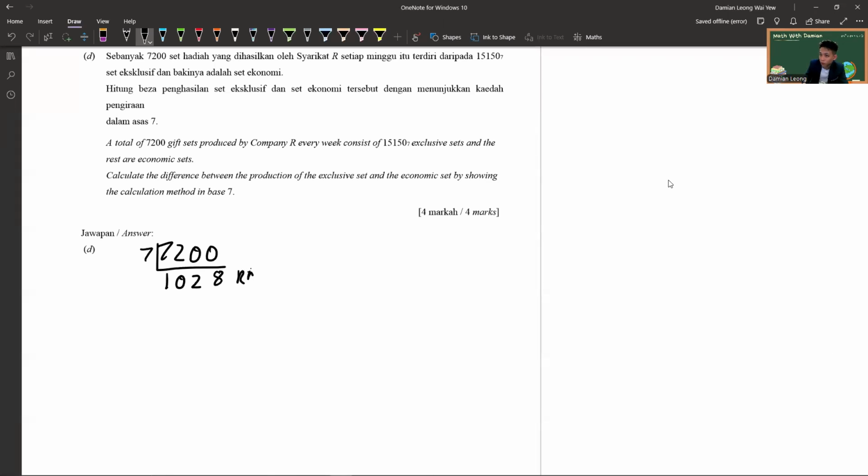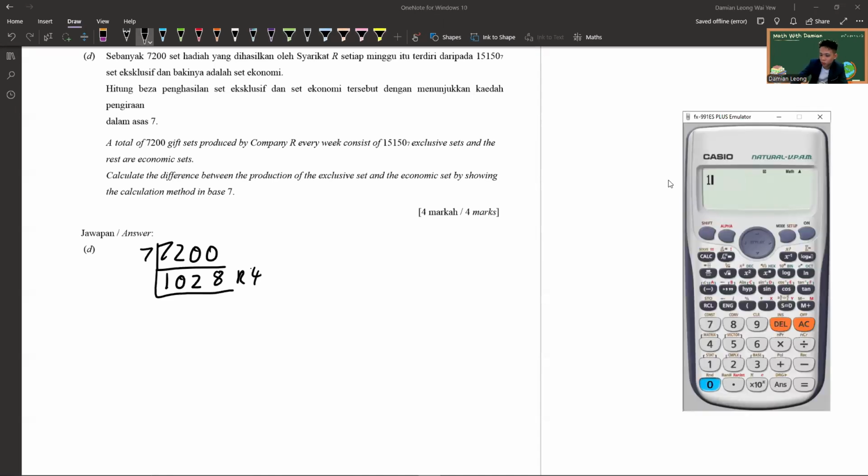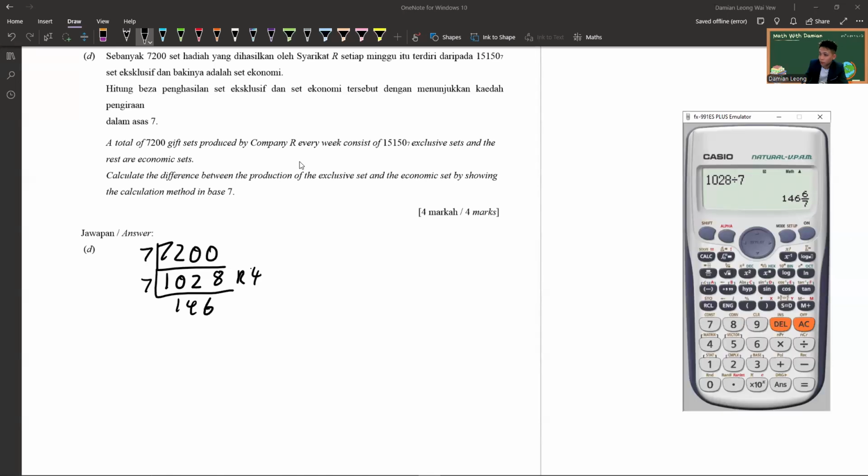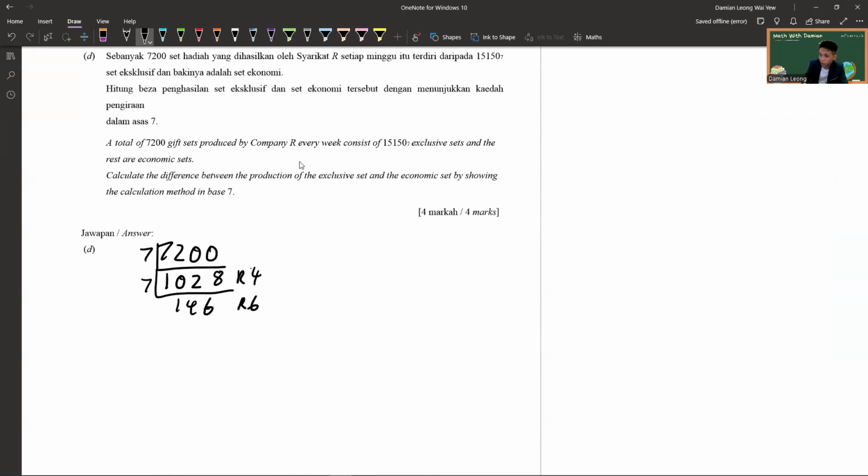Remainder of 4. 1028 divide 7. 146. Remainder 6 over 7 times 7 is 6. Remainder 6. 146 divided by 7. 20. Remainder 6. 20 divided by 7. 2. Remainder 6. 2 divided by 7. 0. Remainder 2.